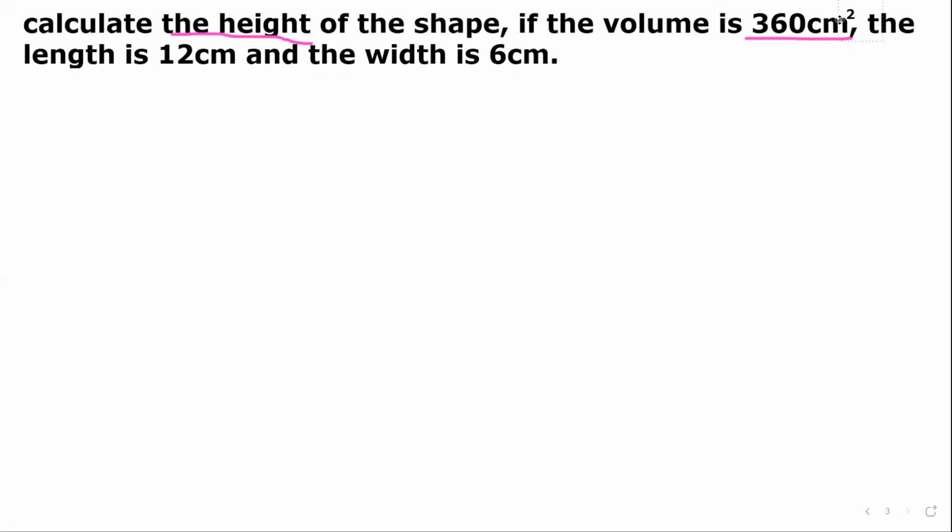Okay, 360 cubes. Good. Now, if the volume has been given to us as 360 centimeters cube, the length is 12 centimeters, and the width here is what? 6 centimeters.